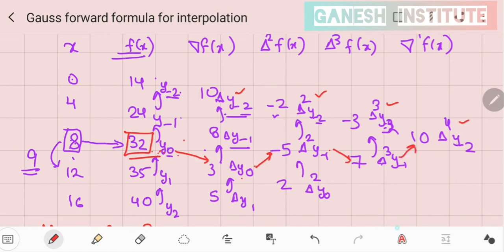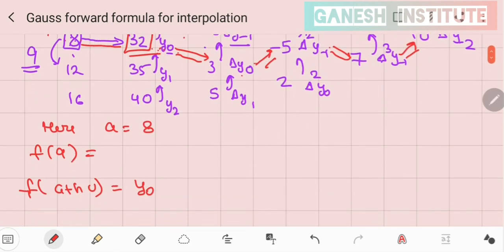Does this make sense? I'm just trying to remind you how you can learn this formula, starting from the base value, keep going further down, and then zigzag motion, right?